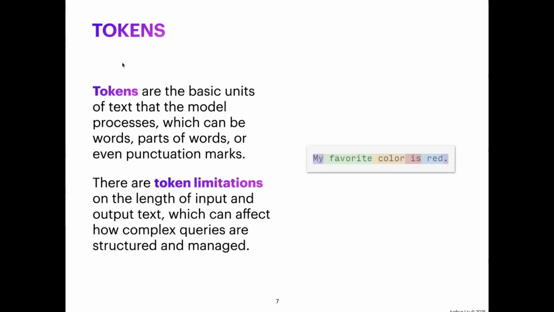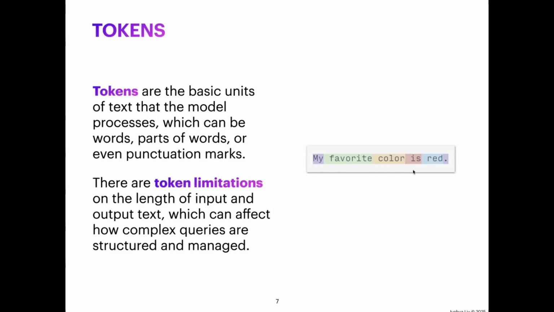And the fundamental building blocks of the text inputs are called tokens. When you read articles about large language models, you should see these tokens very often. Tokens are the basic units of text that the model processes, which can be words, parts of words, or even punctuation.